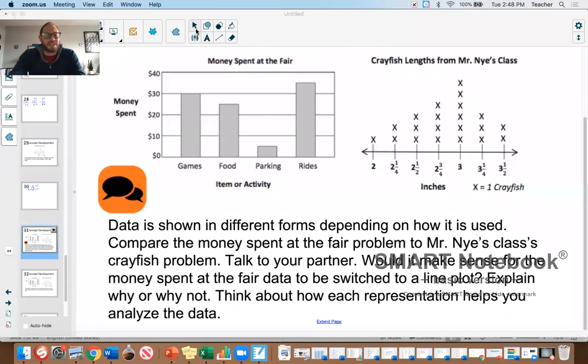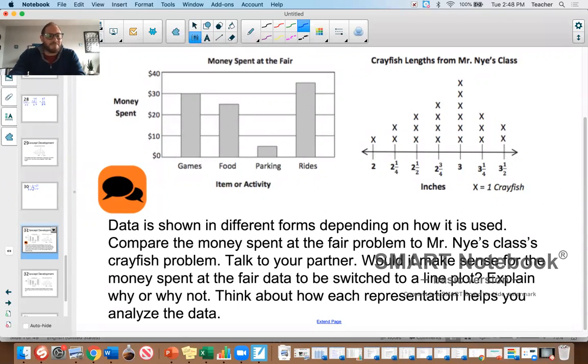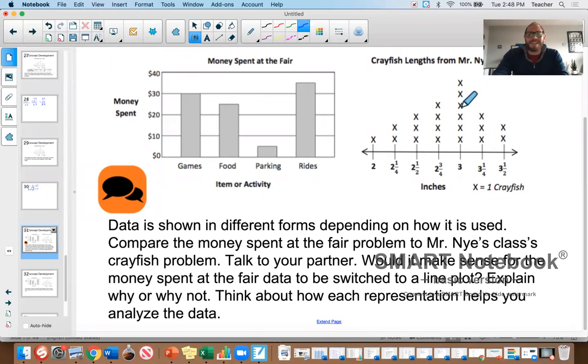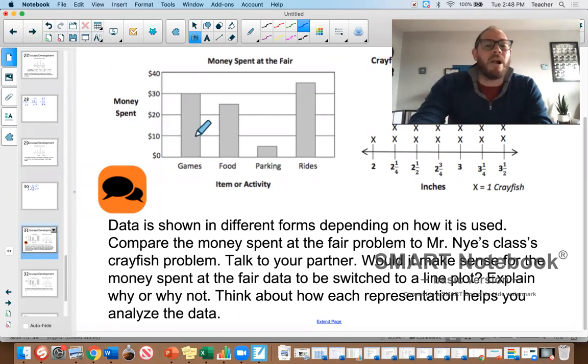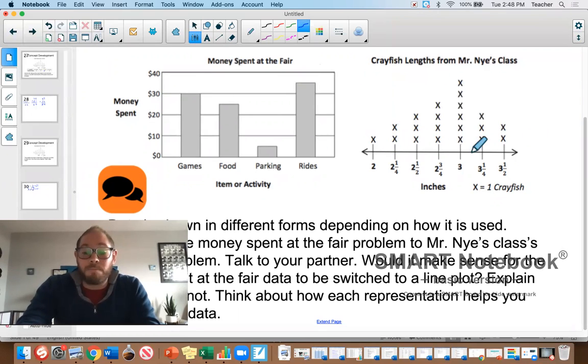The money spent at the fair problem is talking about lots of money. At one stage, the most was $35. So if I had to do that on a line plot, I'd have to have 35 X's to show the money spent at the fair.